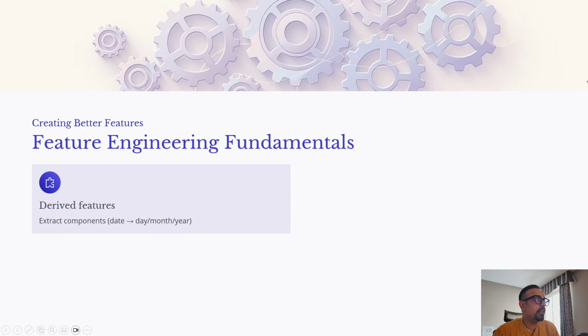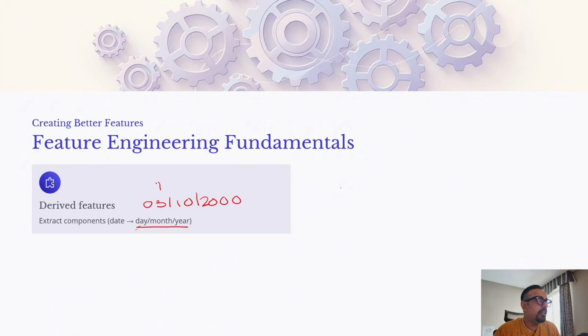So if in the date you have these specific items included, so it will be day. Suppose I say my day is going to be 03, my month is going to be 10, and my year is going to be 2000. Now you have to understand, based on your use case scenario, what you need.